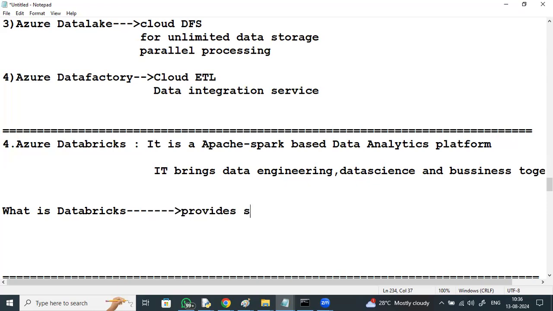I'm not talking about Azure Databricks; normal Databricks provides a Spark cluster in the cloud. A cluster means a group of nodes connected in the network.